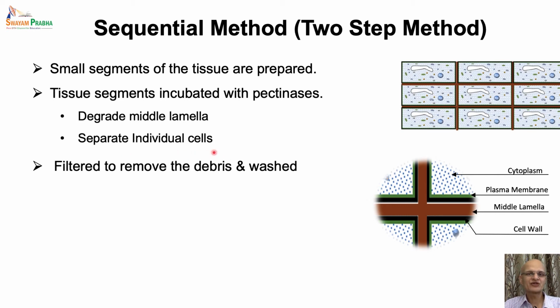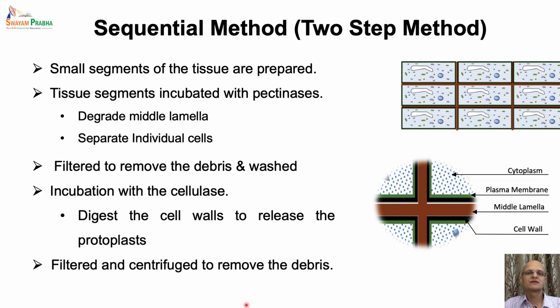After the digestion of the middle lamella, the solution is usually filtered to remove the debris, and cells may be washed to clean. In the second step, the tissues, or rather the individual cells, are incubated with the second set of enzymes, that is cellulases.